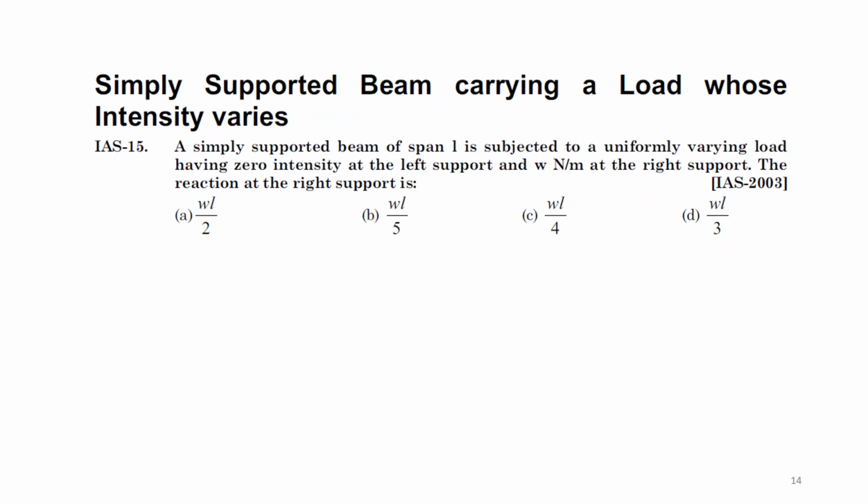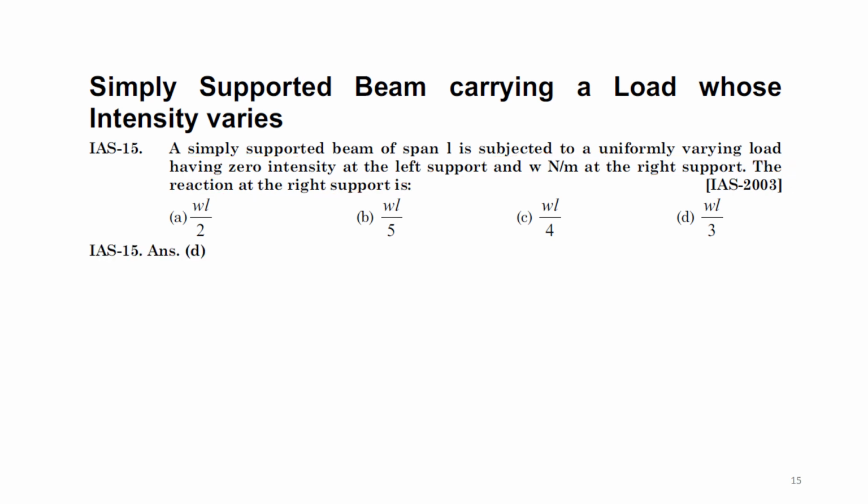Next question. A simply supported beam of span L is subjected to a uniformly varying load having zero intensity at the left support and W Newton per meter at the right support. The reaction at the right support is? In this loading condition, they are asking what is the reaction at the right support. This is a very simple question.